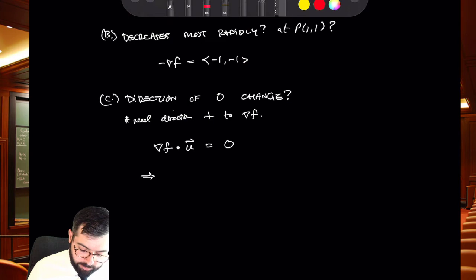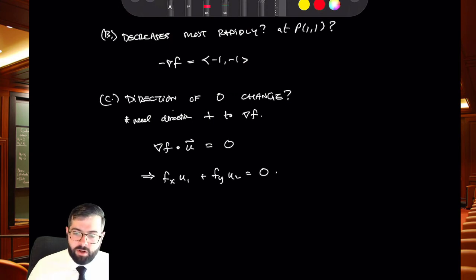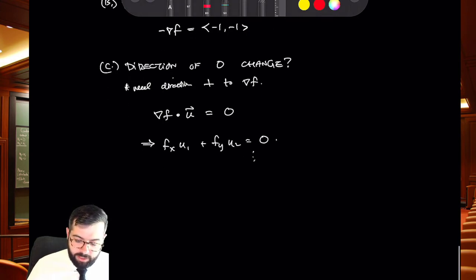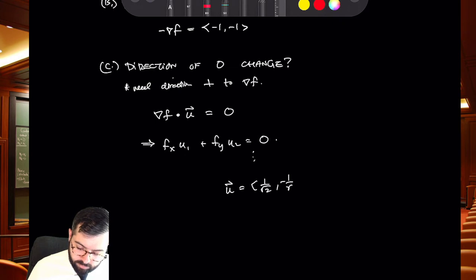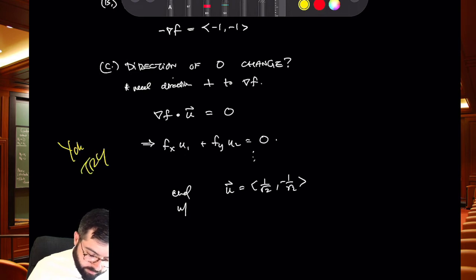That tells me the partial with respect to x times u1 plus the partial with respect to y times u2 equals 0. Then we can make some substitutions and solve. You should end up with something like this. But I'll say, you try this.